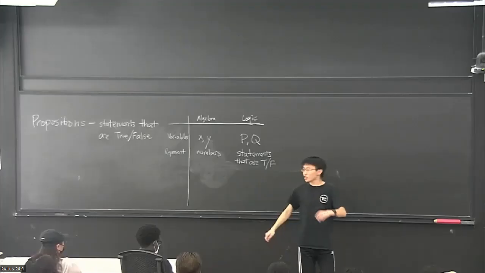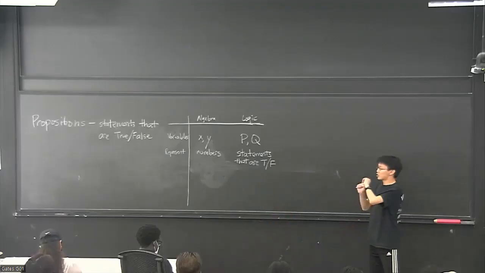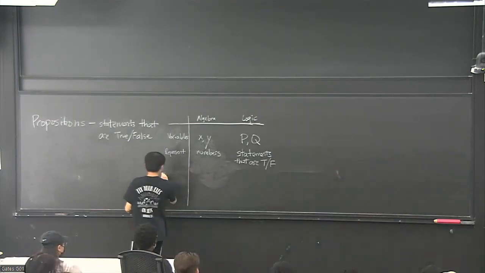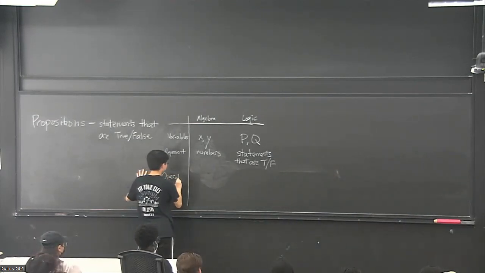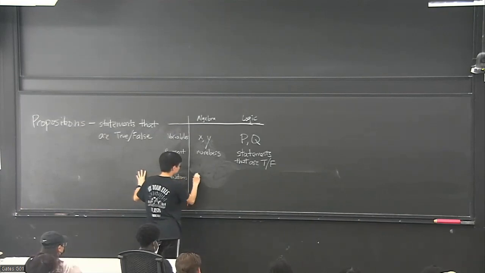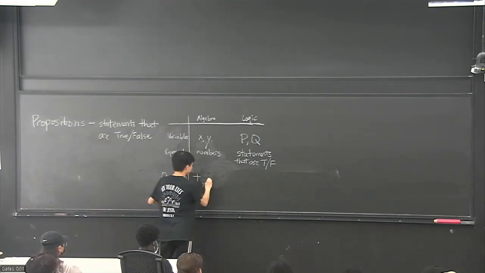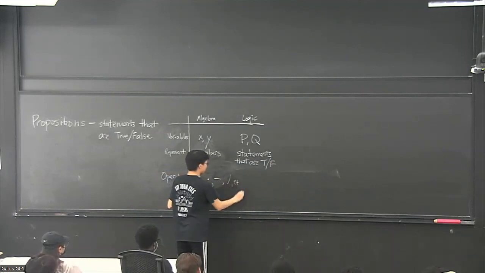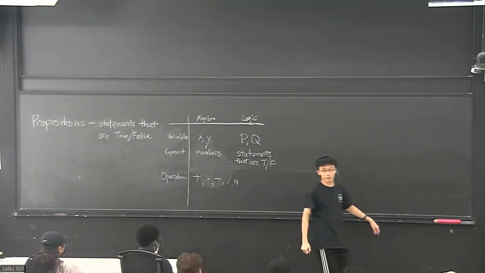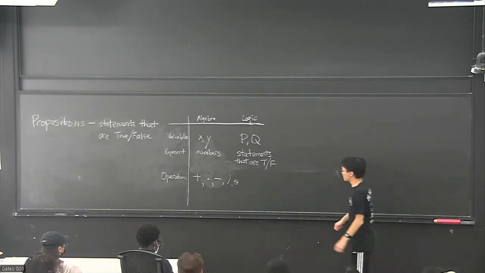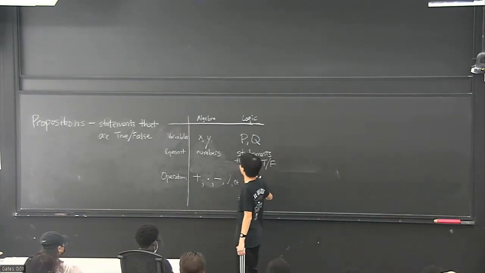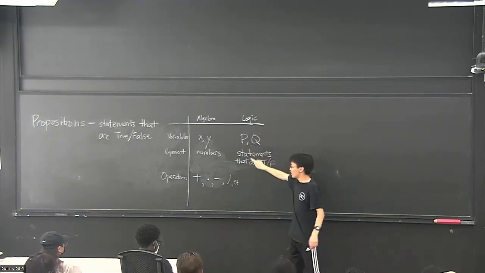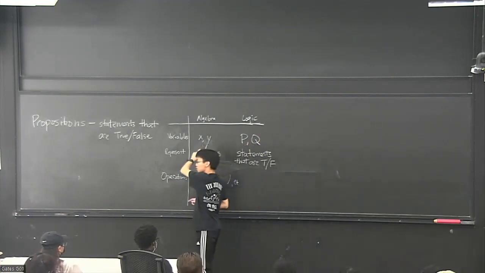When we're using variables like x and y in algebra, we can use operations that will allow us to create more complex expressions. For example, we can have plus, times, minus, divide, etc. And similarly, we will also have the same in logic. These operations operate on logical objects, which are propositions. They do not act upon numbers.